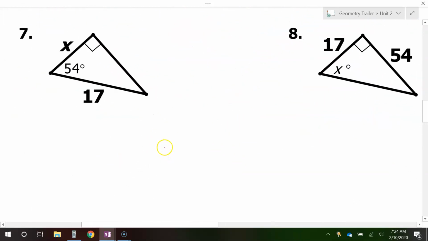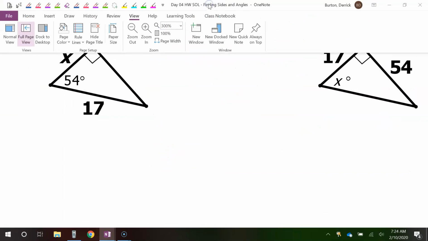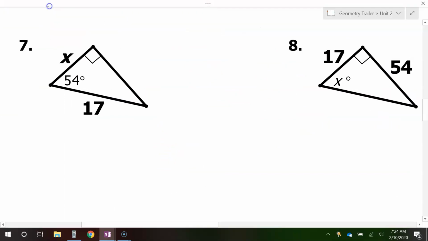Okay, how about number 7? All right, so SOHCAHTOA. All right, where's the hypotenuse? It's always across from the 90-degree angle. So that means this is the hypotenuse right here.